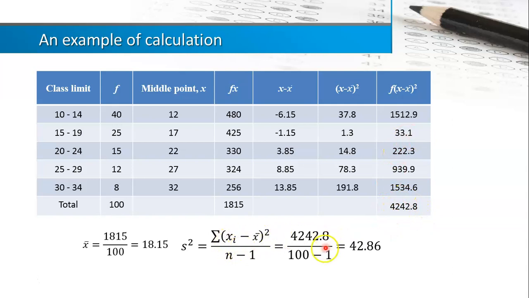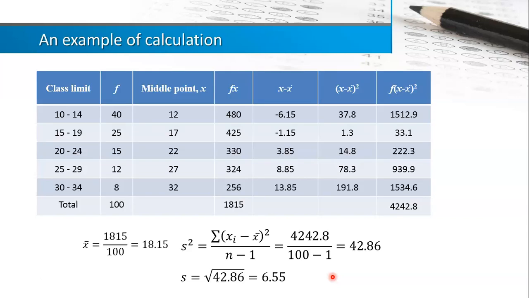So you just divide 4,242.8 by 99, and the estimate is about 42.86. So that is the variance. Just look for the square root here, and you get 6.55. So we have the standard deviation already.